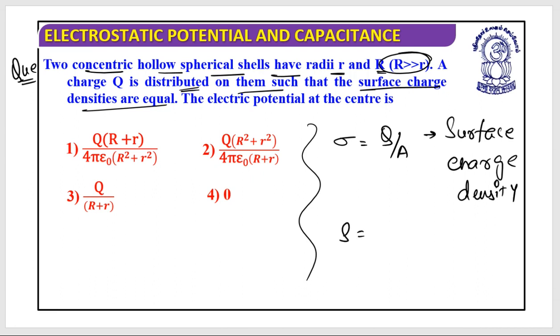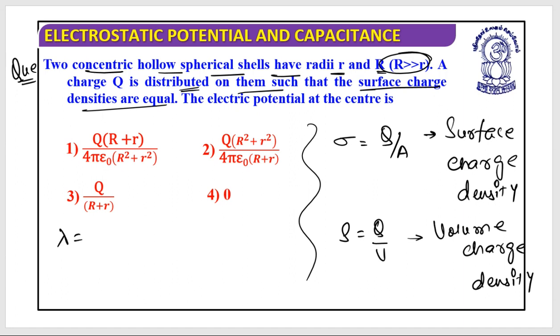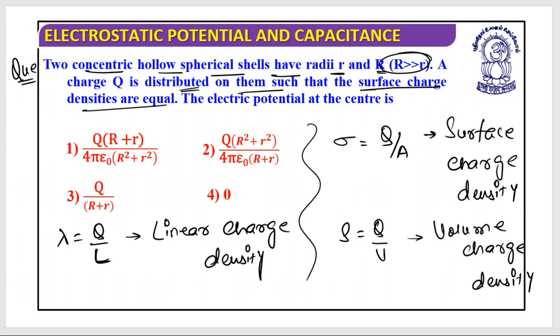Volume charge density is rho, that is Q by V. And one more, linear charge density, lambda, that is Q by L, where L is length. So these three densities are there.